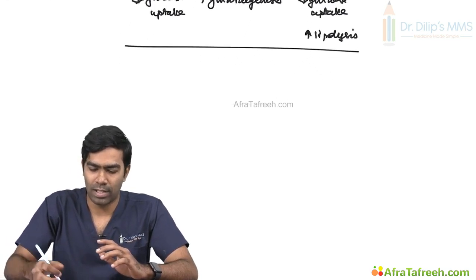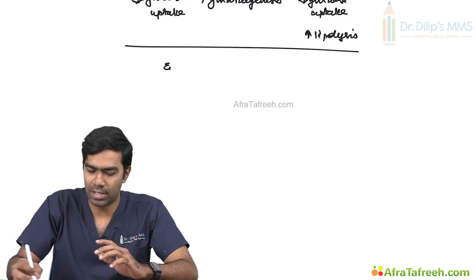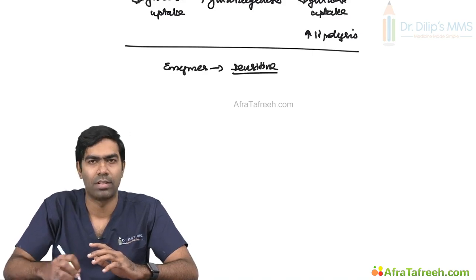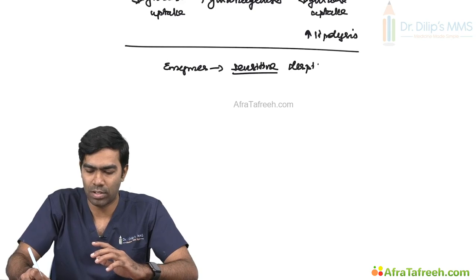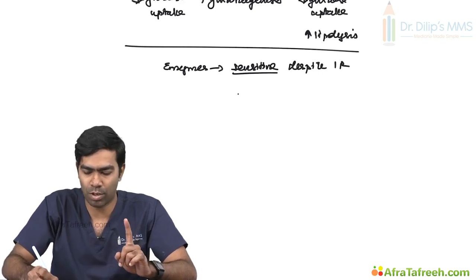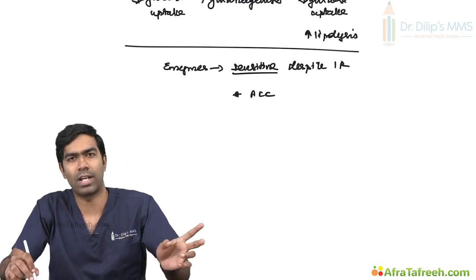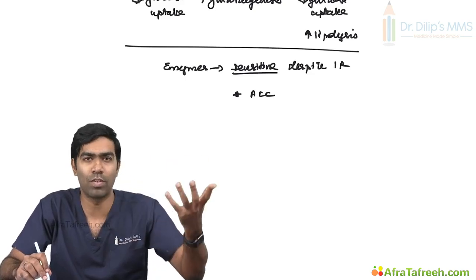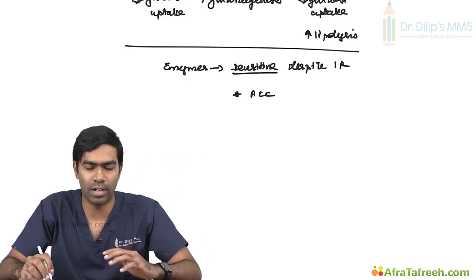But what are the enzymes that remain sensitive? Enzymes that remain sensitive despite having insulin resistance. Two enzymes are very, very important. One is acetyl-CoA carboxylase, which helps in converting acetyl-CoA to more fatty acid, and that's the reason why the liver is able to produce more VLDL and more triglyceride output.